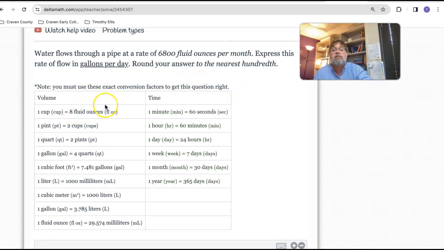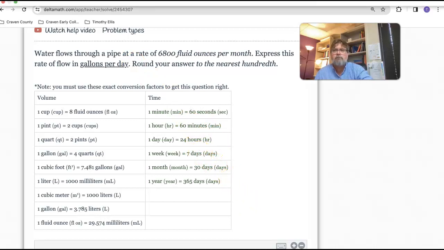To get from ounces to gallons, we can see the pathway: ounces goes to cups, cups go to pints, pints go to quarts, and quarts ultimately take me to gallons. For the time element, I simply have to go from a month to a day, which has a factor of 30 that we'll have to address in our calculation.